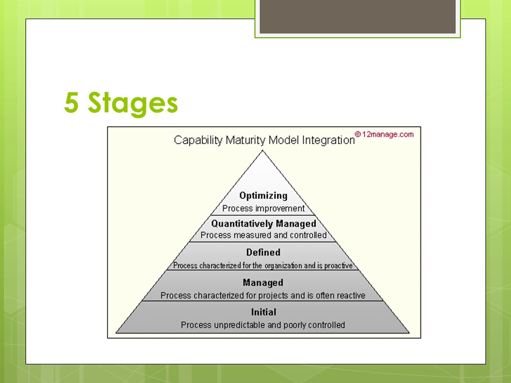Now we will go into the second part of the 5 stages, quantitatively managed and optimizing. Moving forward, quantitatively managed is that the process is managed in accordance with agreed upon metrics.